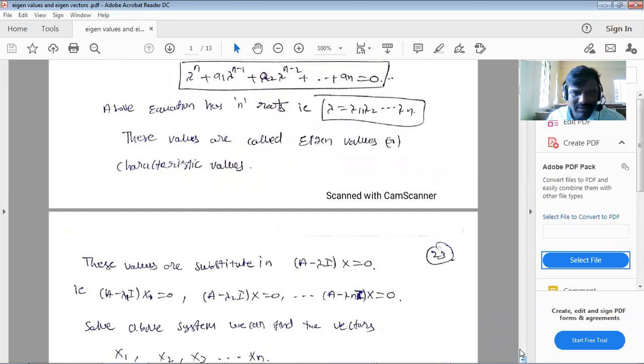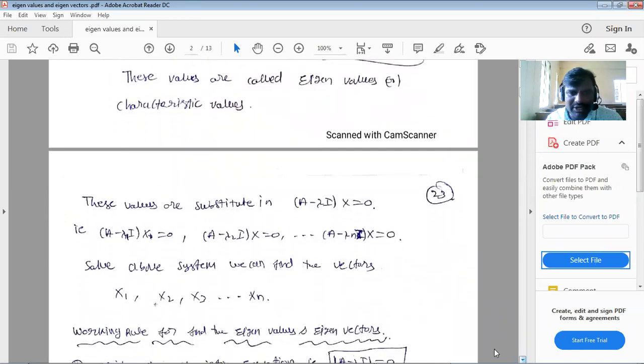Now these values are substituted in (A minus lambda I) x equal to 0, because we have to find the eigenvectors of the given matrix. How do you find the eigenvectors? You solve the system.